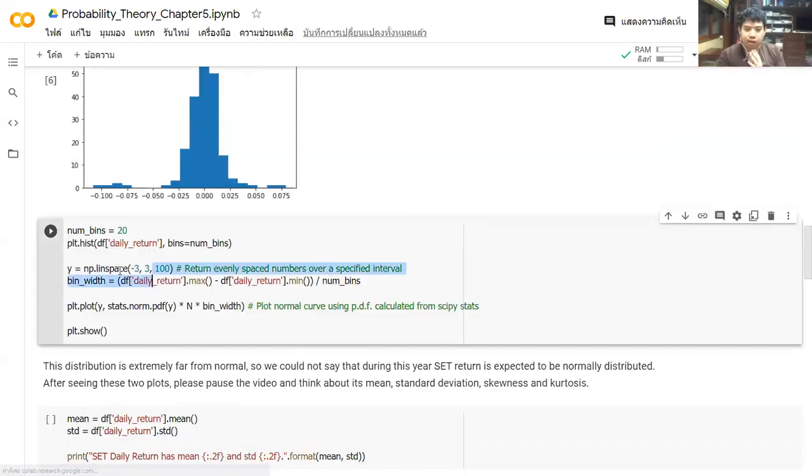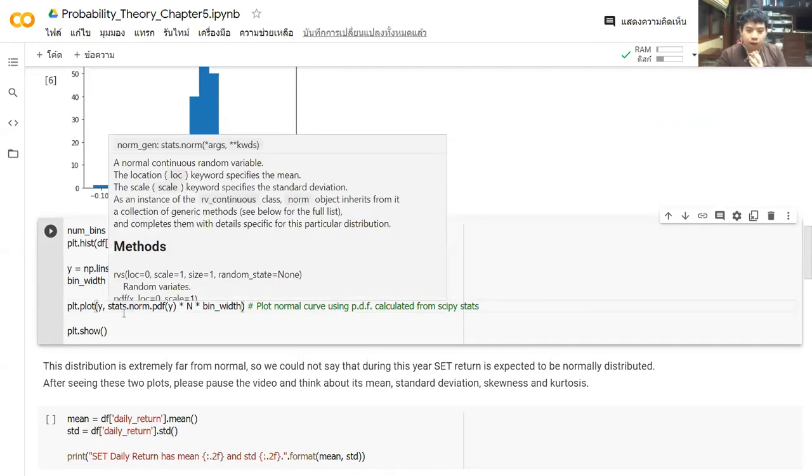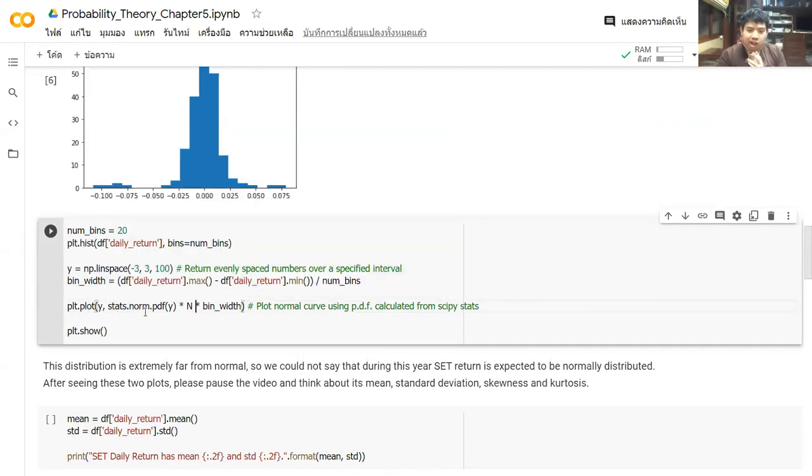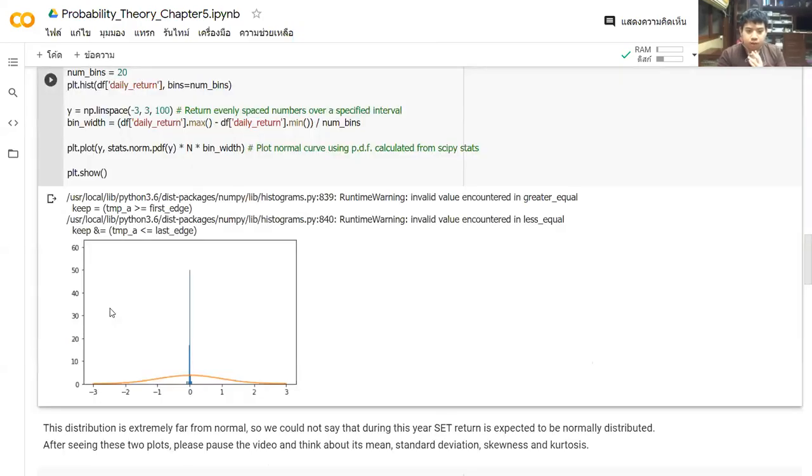Okay, let's see. Next, we have this one, but here we're going to plot the normal curve too. To plot the normal curve, we use stats.norm.pdf here. Oh my God, like what I expected. It is tighter than is expected in the normal curve.